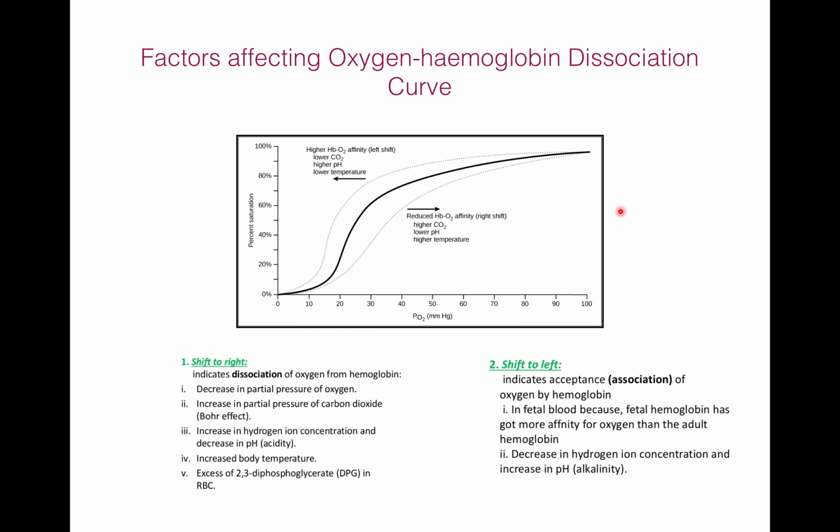There are some factors which affect the oxygen hemoglobin dissociation curve. If there is a decrease in partial pressure of oxygen, then the curve will shift to the right.